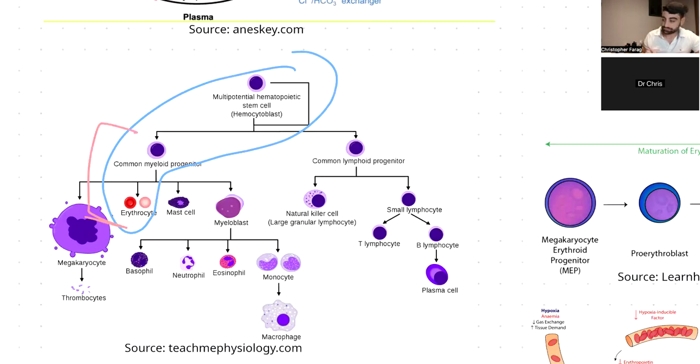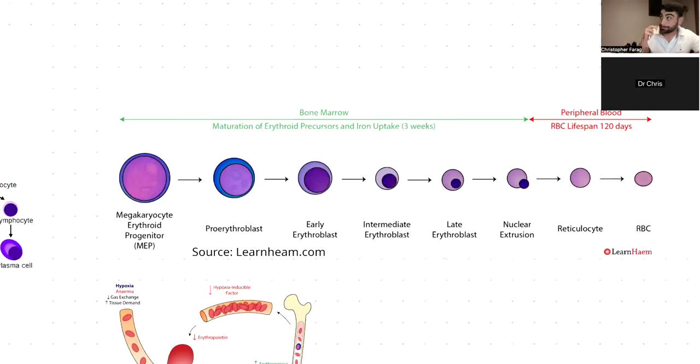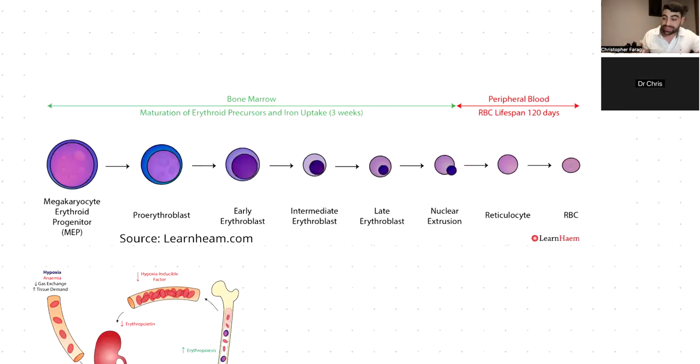Erythropoiesis occurs slightly differently for a fetus than an adult. For an adult, the site of erythropoiesis is our bone marrow. Bone marrow in an adult is confined to our central skeleton, things like our skull, our ribs, our vertebra.